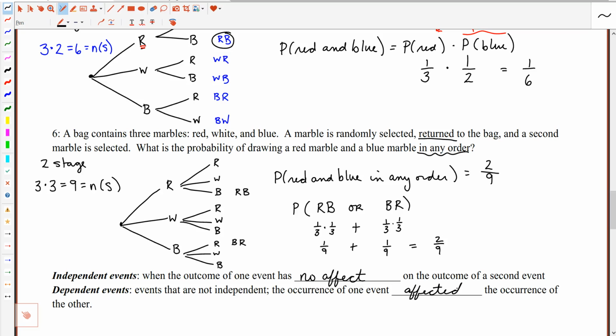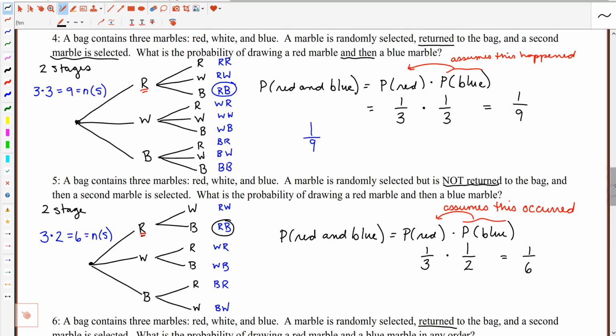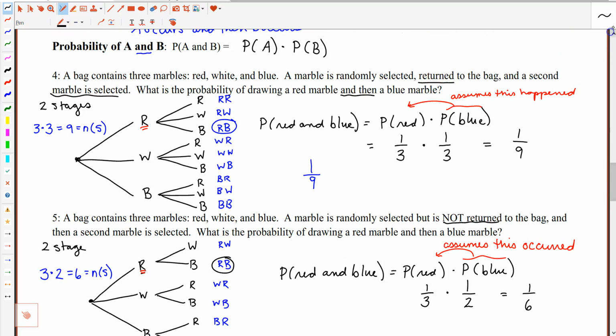So for instance, on this example right here, when the marble was returned to the bag, this is a scenario where the events are independent. You can think about the experiment like resetting itself.